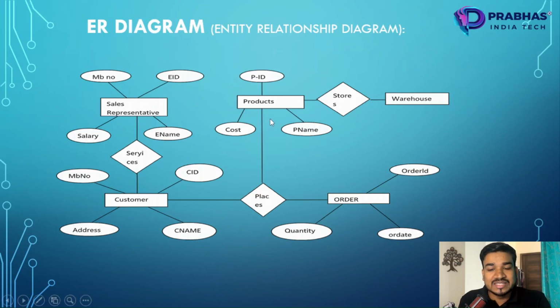Here we have a CID because we have a customer, so we can call it the customer ID. In order we have an order ID, and in products we have a PID as well. So that will be the main column in that particular table that maintains the relation between other tables. So that is the ER diagram.